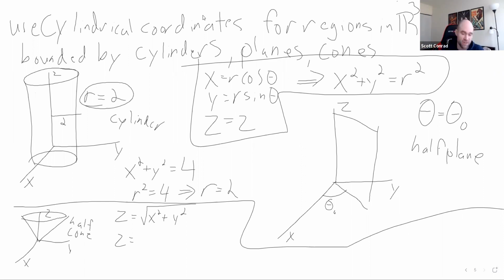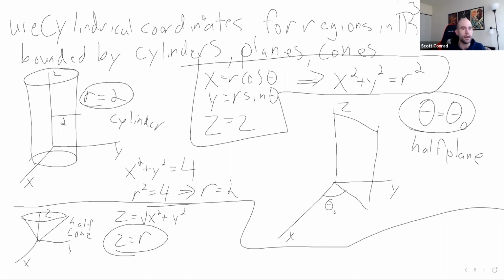Square root of r squared is just r. Exactly. So z equals r is what the equation of cones look like there. Well, z equals r is one example of a cone. You could have like 2x squared plus 2y squared, and that would be z equals root 2 r, etc.